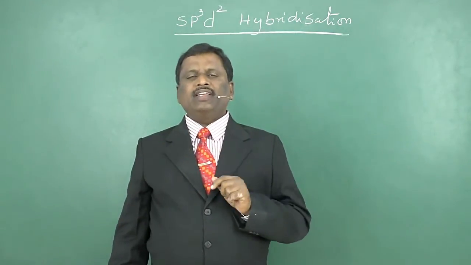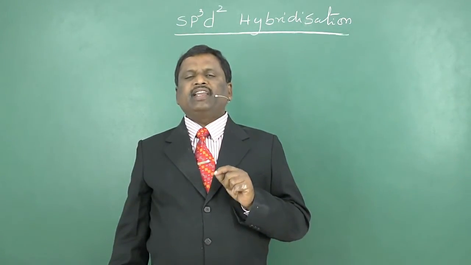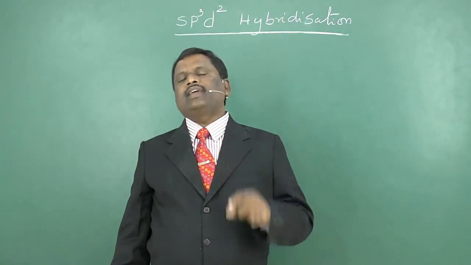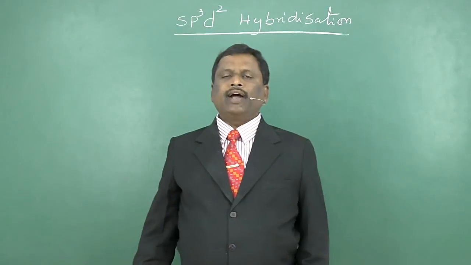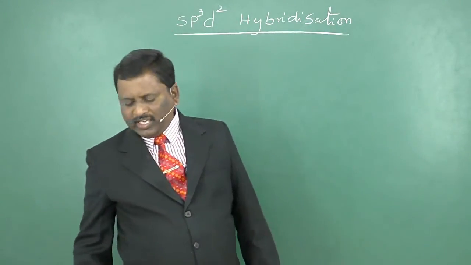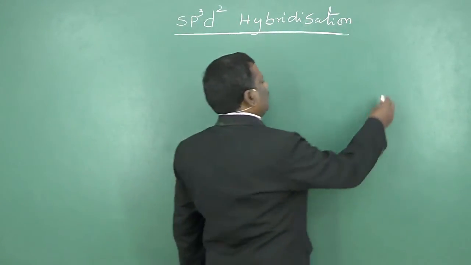This type of hybridization is known as sp3d2 hybridization, and the orbitals are called sp3d2 hybrid orbitals.